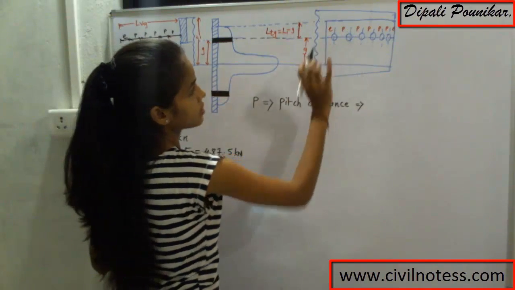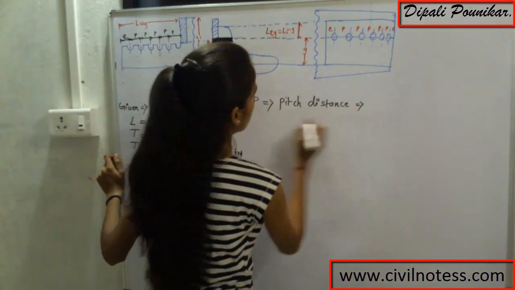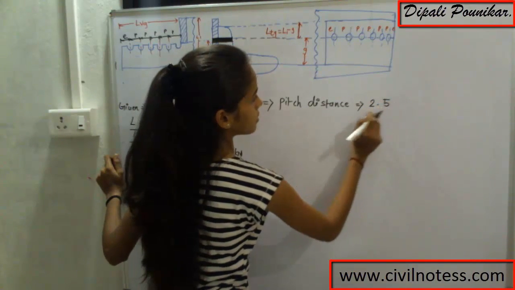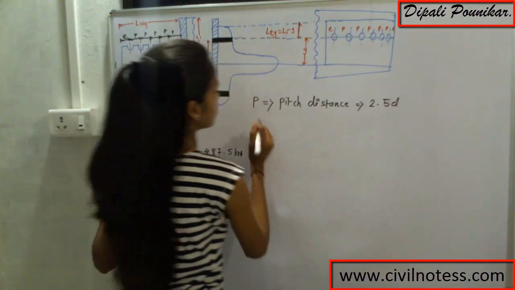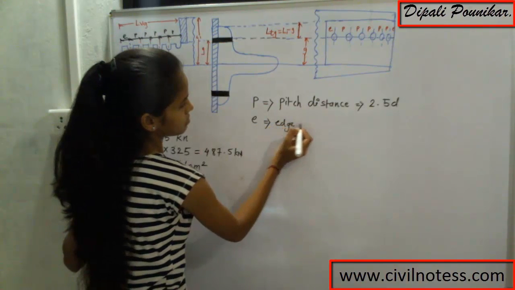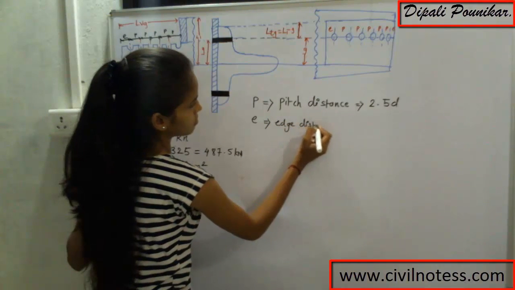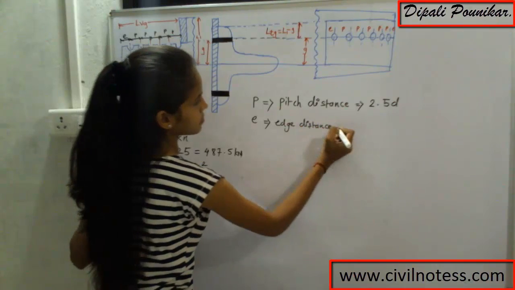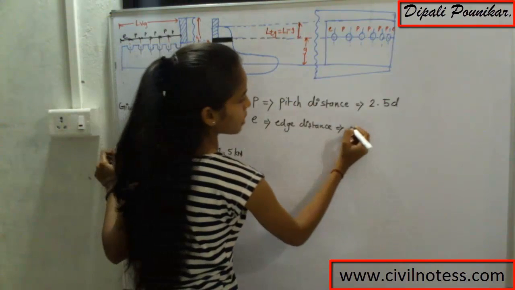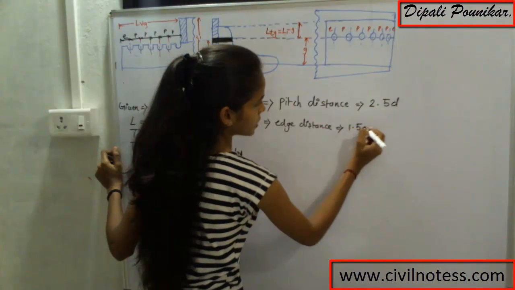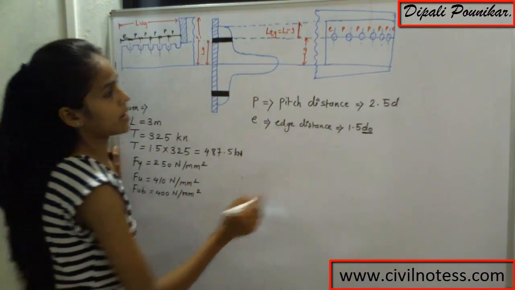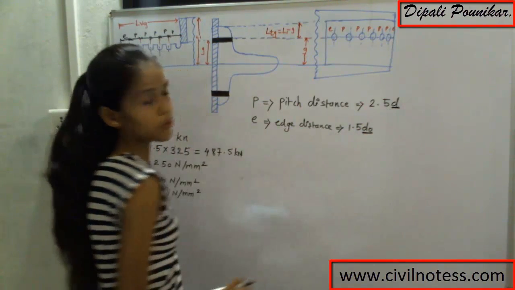As you can see in this diagram, for calculating the pitch value we know the formula, that is 2.5D. E means edge distance, calculated by the formula 1.5 D0. This D0 is the nominal diameter and D is the simple diameter.